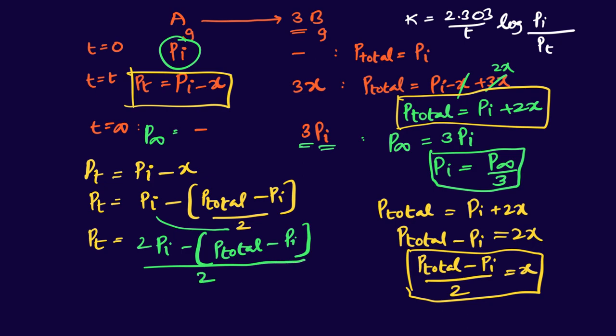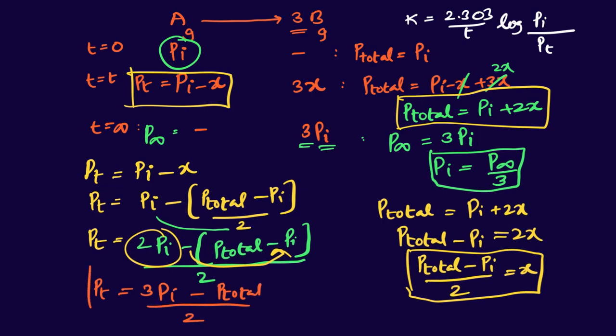Therefore, this is 3Pi minus P total divided by 2. This is the pressure at t time.